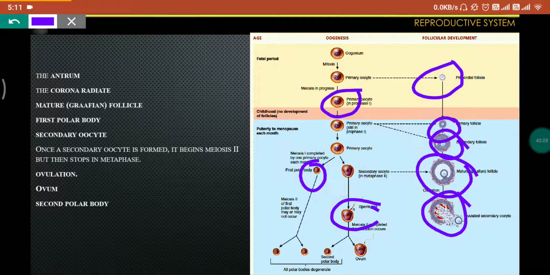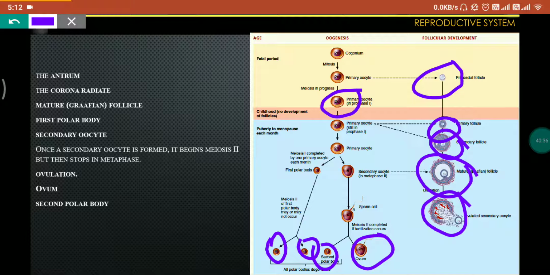The secondary oocyte, which is released by ovulation, enters into the fallopian tube. Once a sperm cell comes in contact and fertilizes it, it completes its second meiotic division and forms the ovum and the second polar body. And the first polar body divides into two polar bodies, which may later get destroyed.